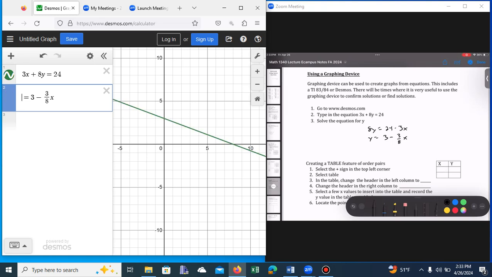And then we can turn this into function notation just by doing f parenthesis x parenthesis in place of your y. And that way you don't have to necessarily use a table, but you can just type in f of 3, and it'll give you the value.